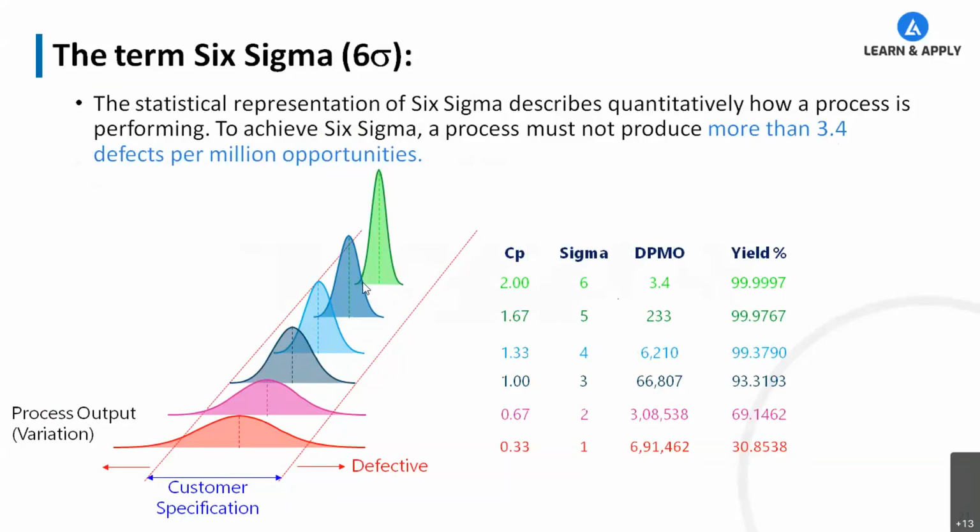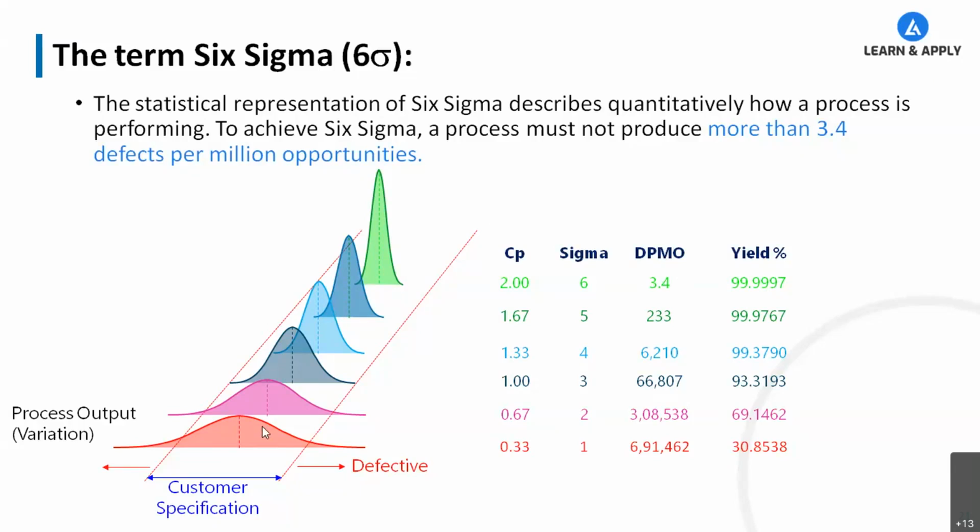And this, as you can see, the spread is well within the customer specification. So we can say that 99.9997% of the products are good parts, and they are fulfilling the customer specification.